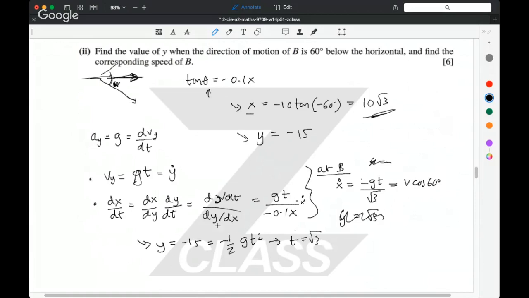Does that make sense? Our constant acceleration equation is y equals y initial plus y dot initial times time plus 1/2 acceleration times time squared. So we know that the time this happens is the square root of 3 seconds. This gives us that y dot is equal to square root of 3g from this equation.